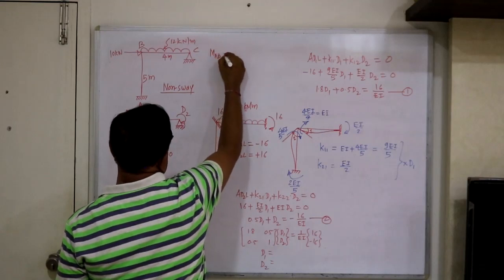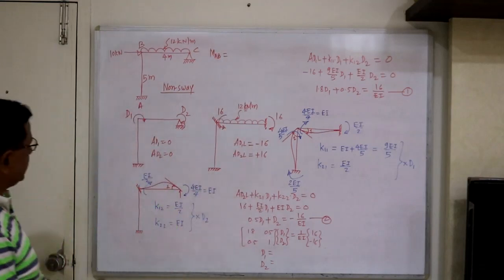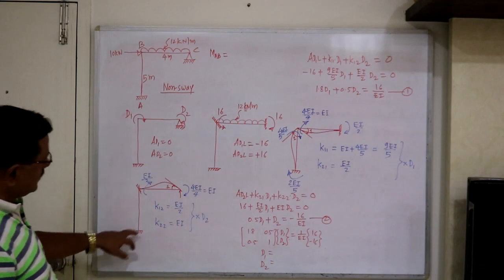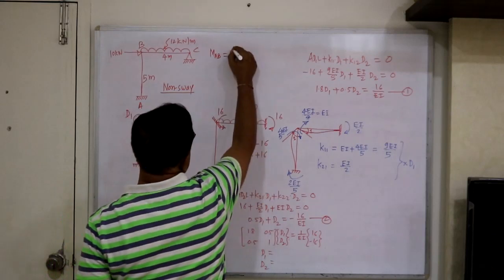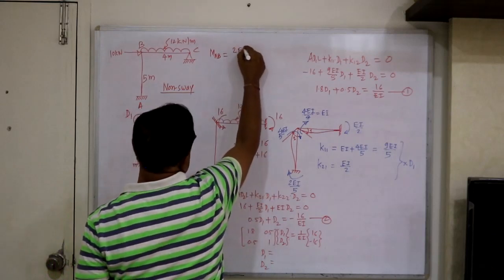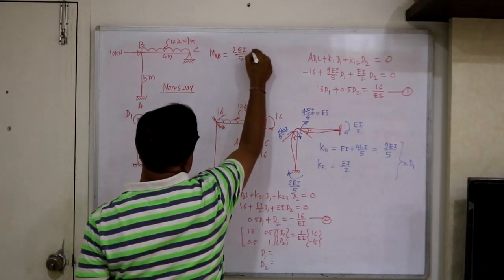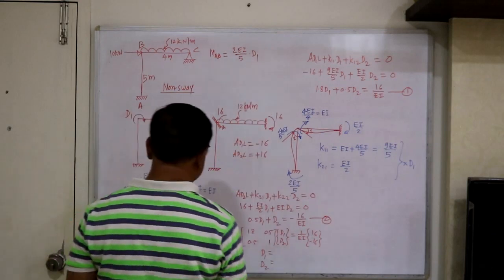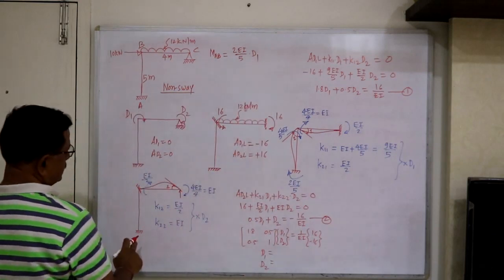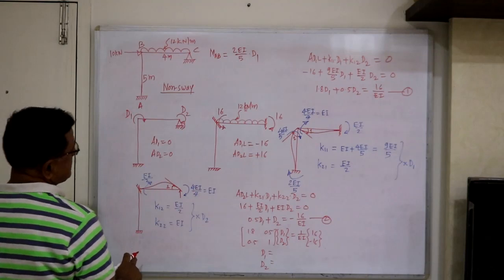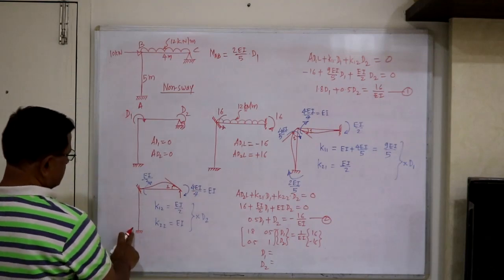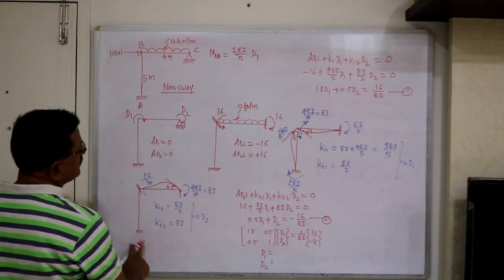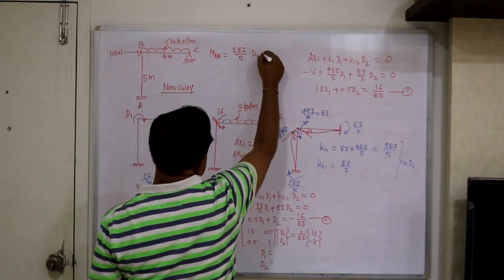So MAB: there is no fixed end moment due to loading. This is clockwise, 2 EI upon 5 D1 and D2. So there is no moment, that's all. This is your MAB.